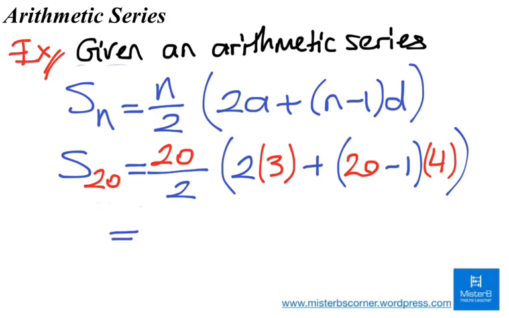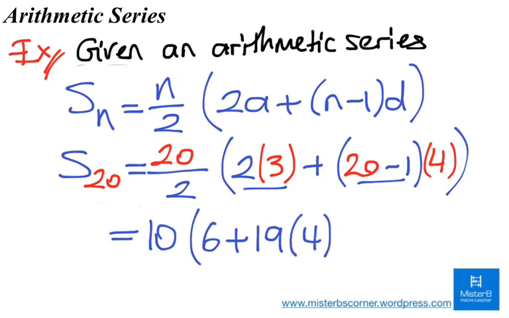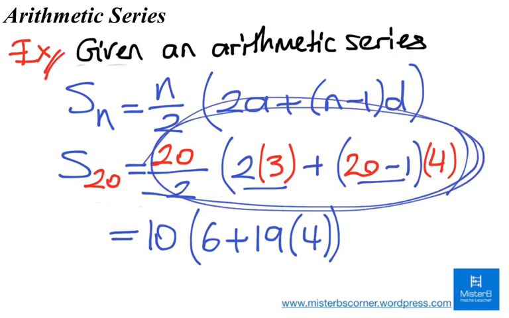Then I'm going to do the calculation. Basically it's going to be 20 divided by 2 is 10, times 2 times 3 is 6, plus 20 minus 1 is 19 times 4. Well, you can key this into your calculator, or you can key this one in, which is a little bit risky because you write too many numbers.